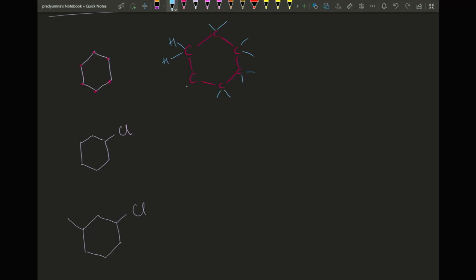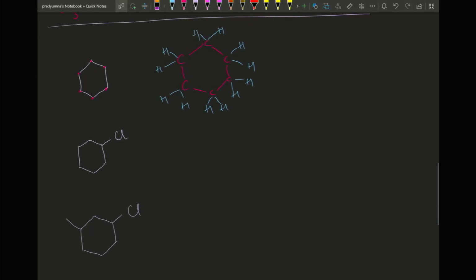So make sure everybody has 4. So that's H, H, H, H, H, H, H, H. So this is an alkane, but this alkane is cyclic, so that's called a cycloalkane. So that's why it's called cycloalkane.